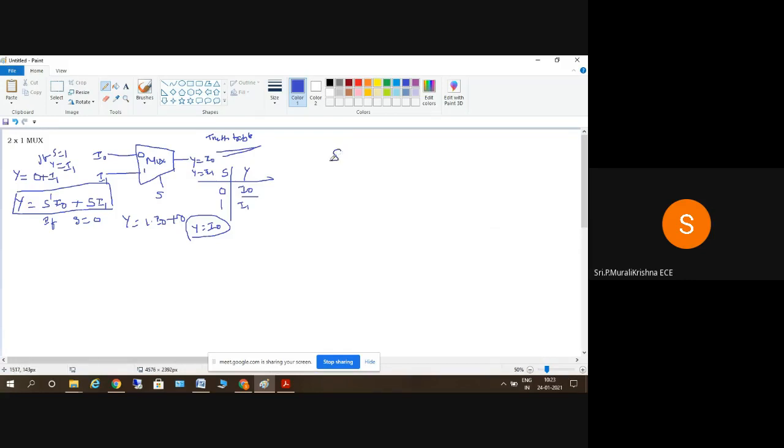So I'll be having S bar, I0 and I1. What is Y here? Y is equal to S bar I0. So this is S bar into I0.